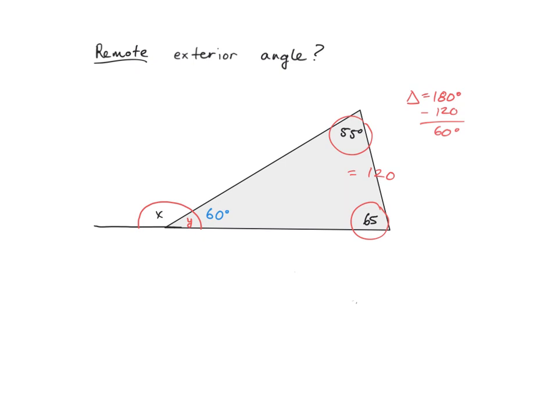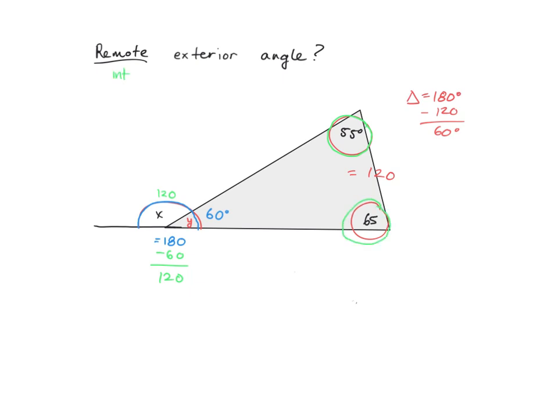Then, knowing this is a linear pair equal to 180, I could subtract that 60 as well and say this is 120.